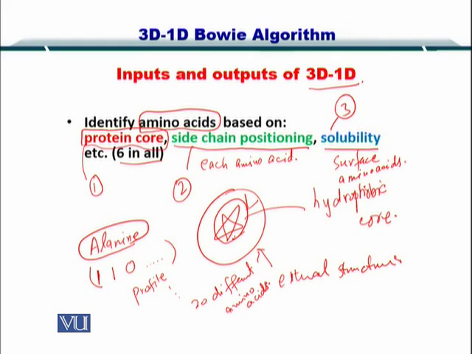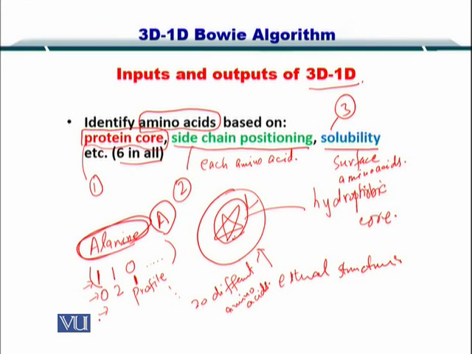Of course, alanine may occur in a situation where it is not at the protein core and therefore may have a 0, and it may have a different rotamer configuration as well, and its solubility may differ slightly depending on its location and its neighboring amino acids. So one amino acid can have multiple profiles.